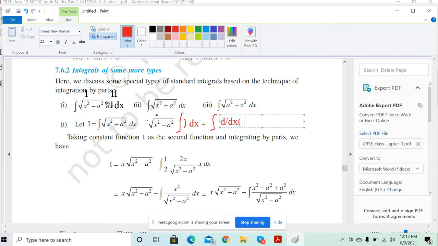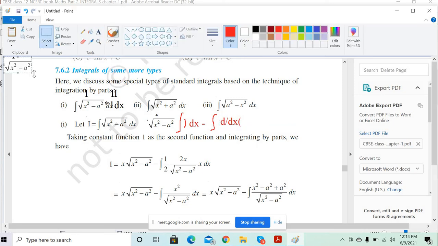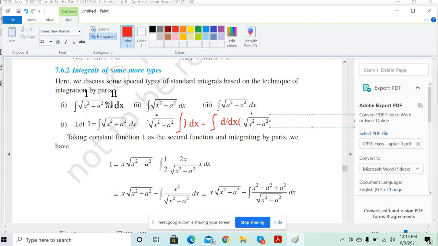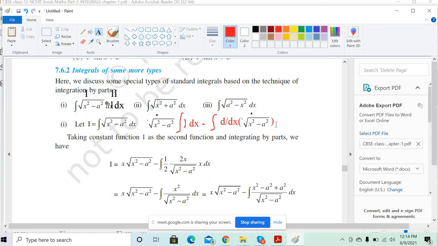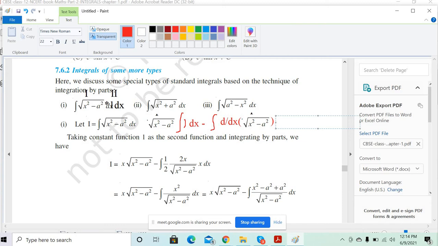d by dx of square root of x square minus a square, correct? And just solve this part. This is the formula, and then multiply with the integration of 1 dx, which is nothing but x only, correct?